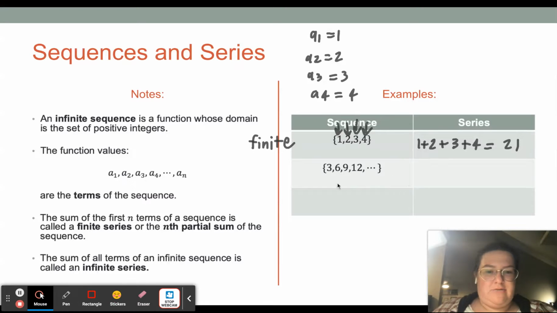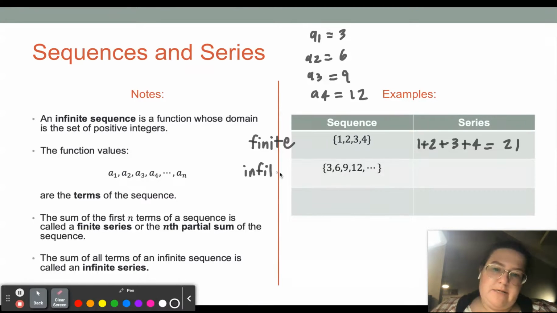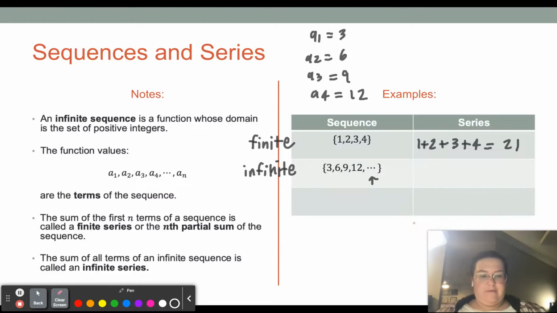So here's my next sequence. In this case, a sub 1 is 3, a sub 2 is 6, a sub 3 is 9, and a sub 4 is 12. And this one's an infinite sequence because the 3 dots mean it goes on forever.